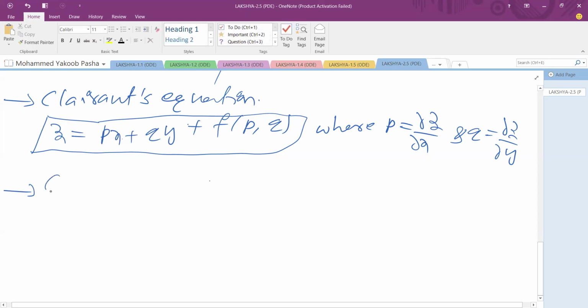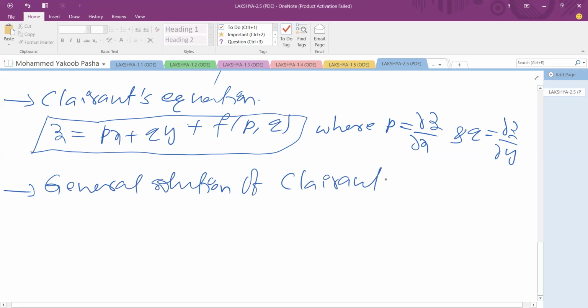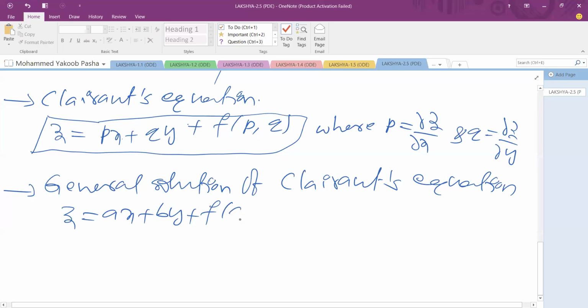The general solution of Clairaut's equation is, just write p as a and q as b, that is z is equal to ax plus by plus f of a comma b, where a and b are arbitrary constants.